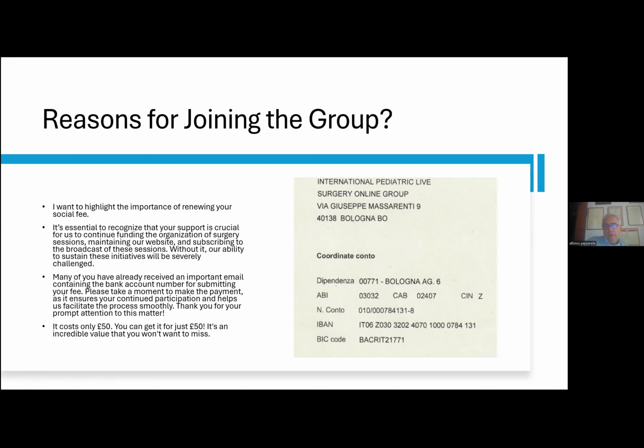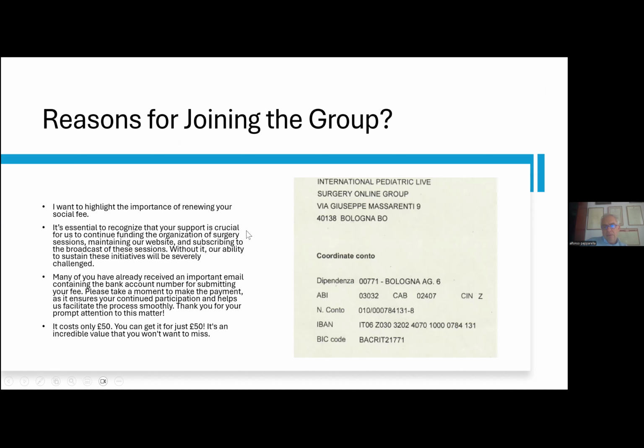We also ask all the members to renew the fees. Many of you have already received an email containing the bank account number for submitting your fee.